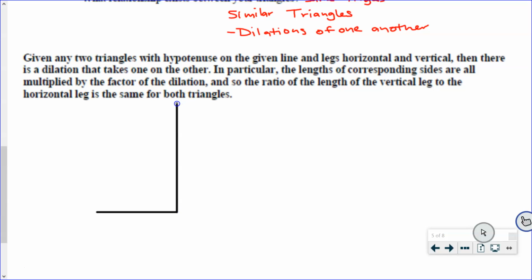What I'm drawing is a right triangle. A right triangle is a triangle that has a right angle. So that's what I've drawn here.